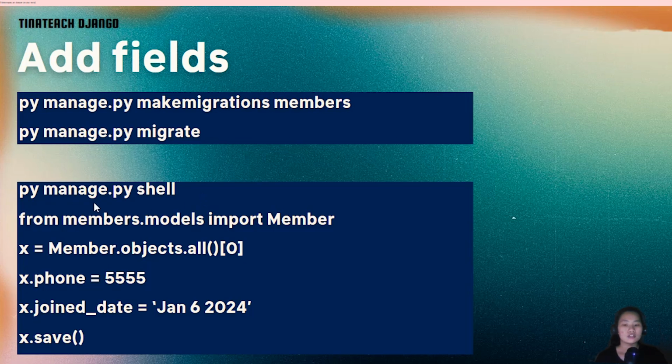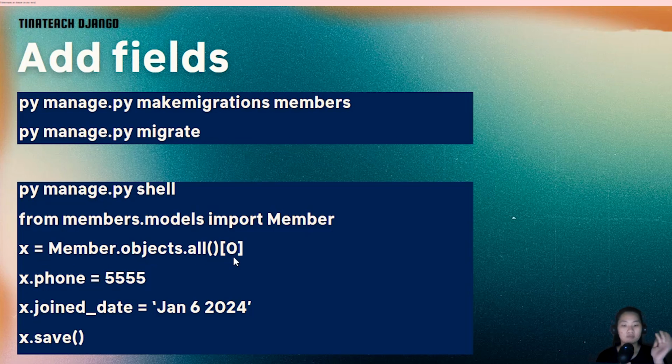So py manage.py shell to open the command line, then from members.models import Member. Since this is the interactive command line, you have to import this every time you want to mess around with these files. But if you just have a Python file that you write in IDLE or Visual Studio Code, you don't need to rewrite this. x = Member.objects.all()[0].